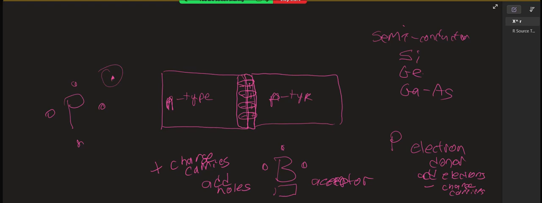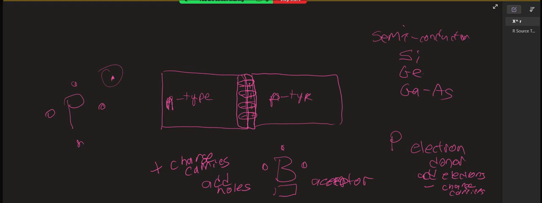This wasn't really an extra electron. It came from something else that had a positive charge. And so now this negative charge is tied up, and that leaves the positive charge behind. So on the n-type, we actually have positive charge right here, and on the p-type, we have negative charge right there from what's left behind.